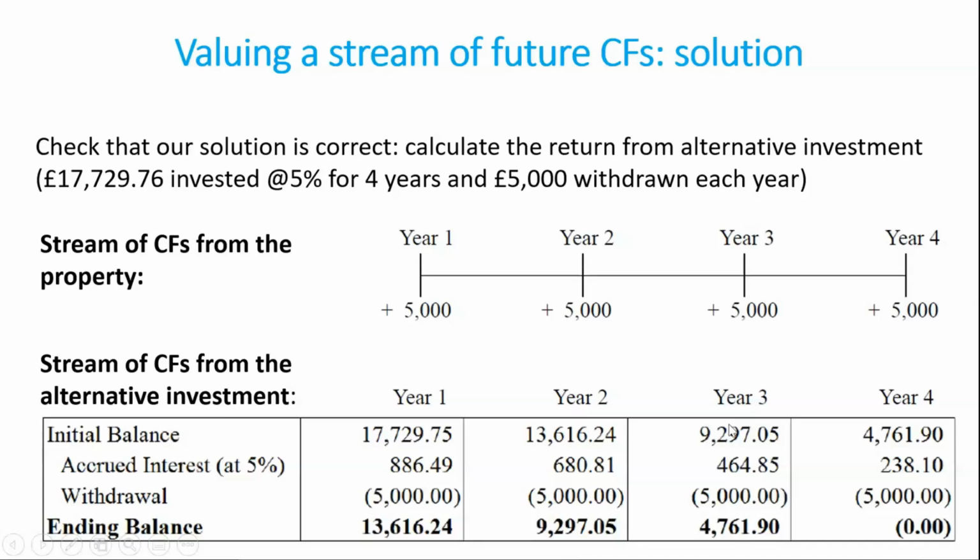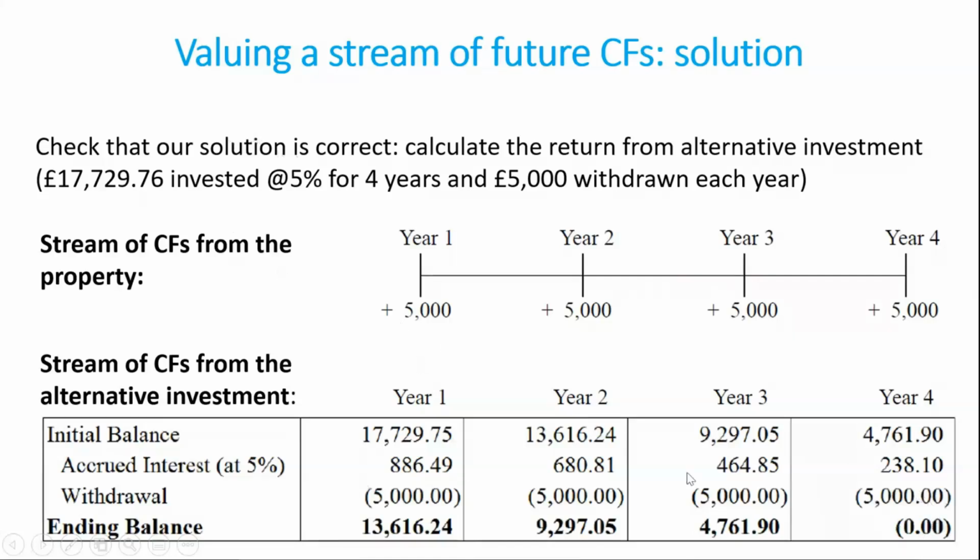We invest this amount in year 3, accrue some interest, withdraw 5,000 at the end of year 3, and we'll be left with 4,700. We invest it again in the final year, accrue even smaller interest, which nevertheless will be equal to exactly £5,000. At the end of year 4, we withdraw this money and we'll be left with nothing.